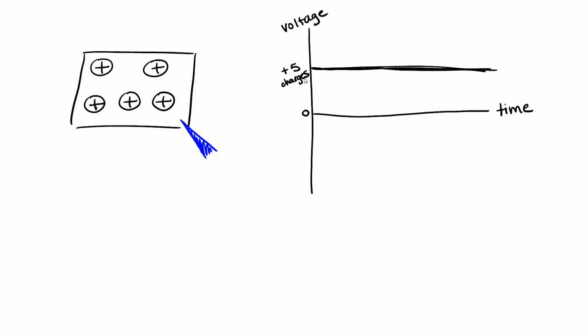But now let's say that your electrode is sitting in the same box, but instead of just having 5 positive charges, it also has 5 negative charges. So now what do you expect the electrode to detect?